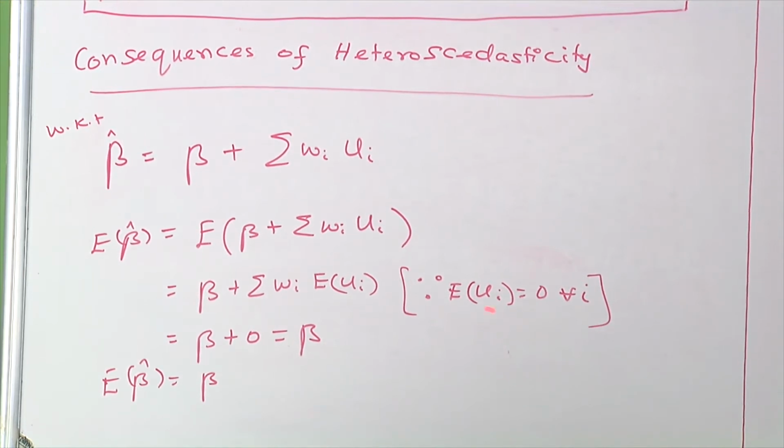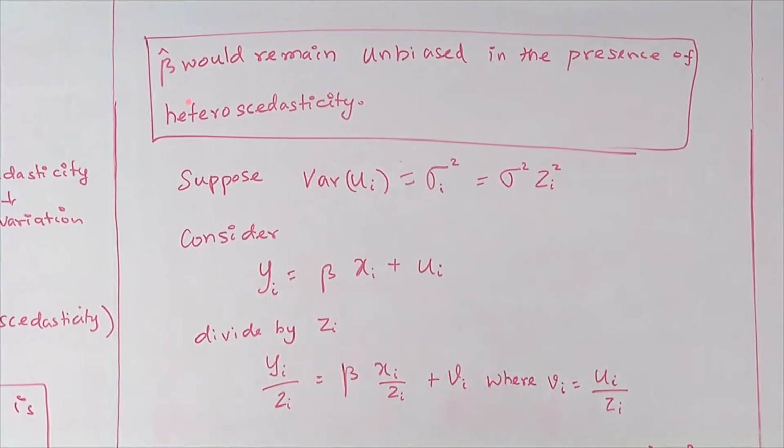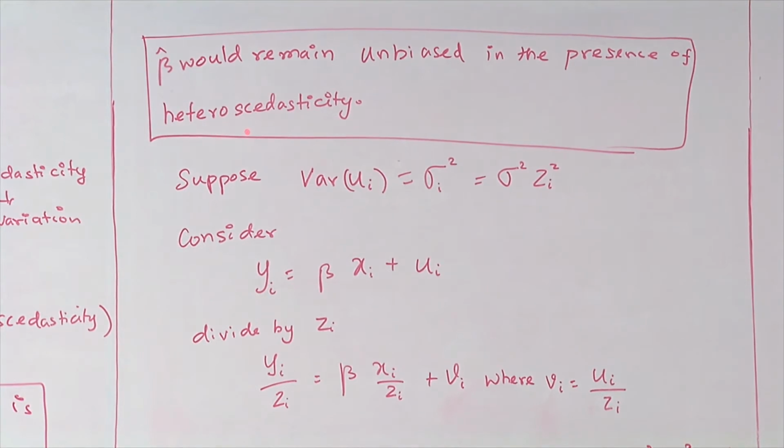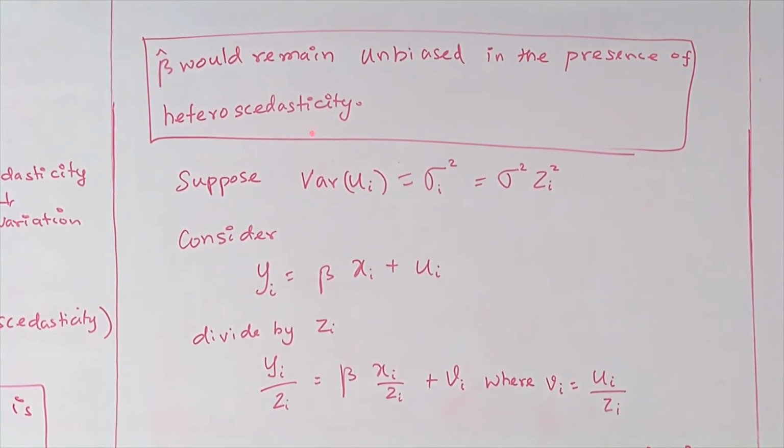So, this term becomes 0 and the whole term goes off, and we conclude expectation of beta hat is equal to beta. Now, we may conclude beta hat would remain unbiased in the presence of heteroscedasticity. So, the presence of heteroscedasticity would not affect the property of unbiasedness of the OLS estimators.